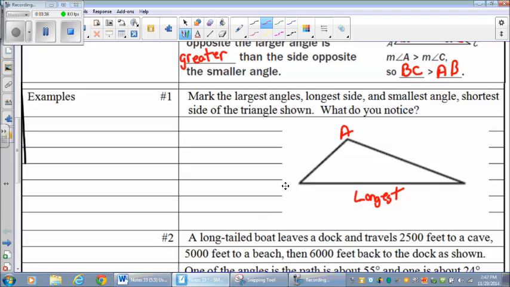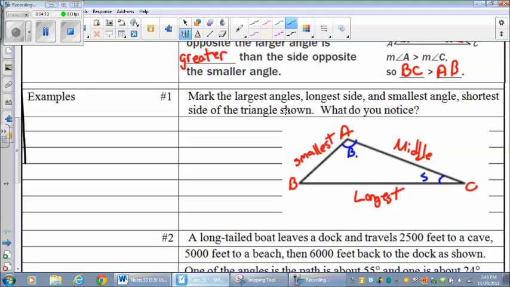So let's say this is A, this is B, and this one's C. So I'm going to say this is the longest side, and I believe this one is the smallest side, and that means this one's the middle, the medium one. And then if I look at the angles, this is the longest side, that means this is the biggest angle. Okay, and if this is the smallest side, this is the smallest angle. And then this one would be the medium.